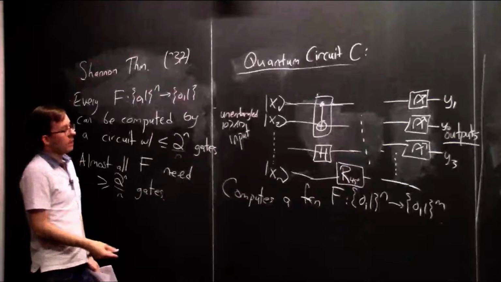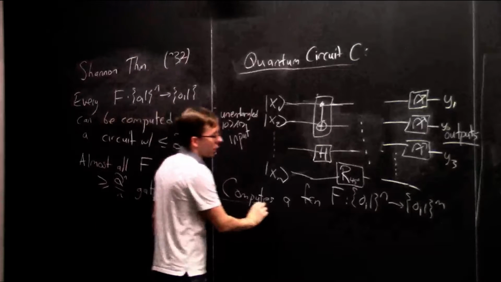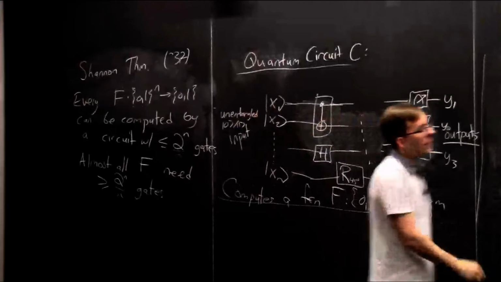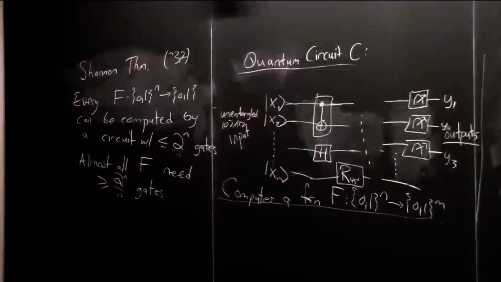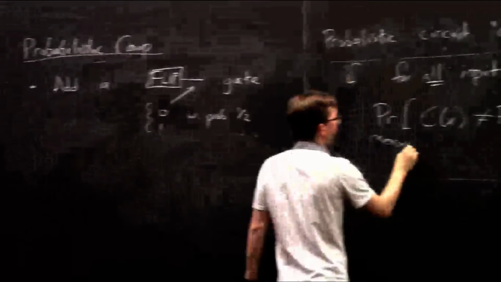Okay, and then we say that a quantum circuit computes a Boolean function like this if exactly this. Same thing, except that instead of the probability being over the flips, it's over the measurements.